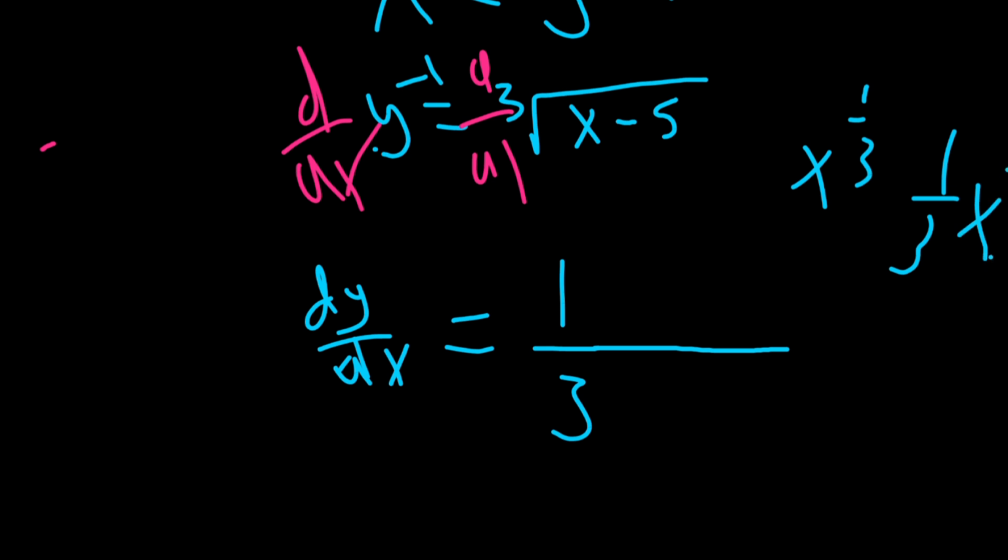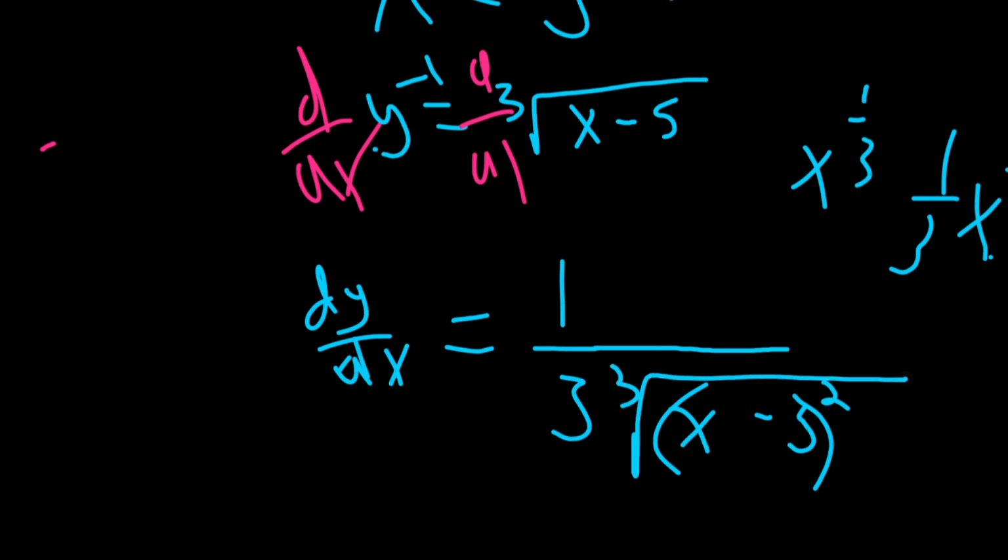So this is going to be x minus 5 squared, all in a cubic root underneath there. And that is our answer for this.